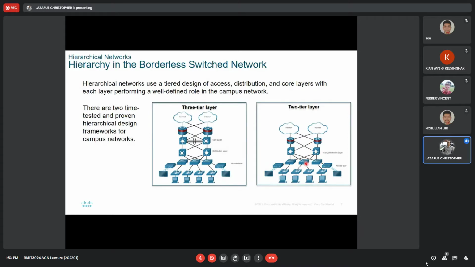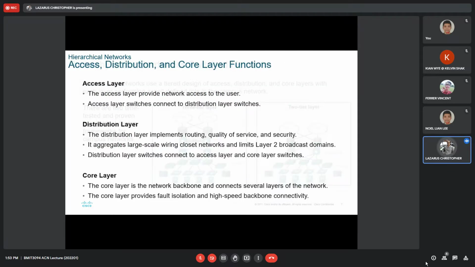This is how Cisco sees how you can provide different network devices for different layers and how they function. That's why we end up with the choice of different types of switches and different types of routers, and what to look out for when you choose.